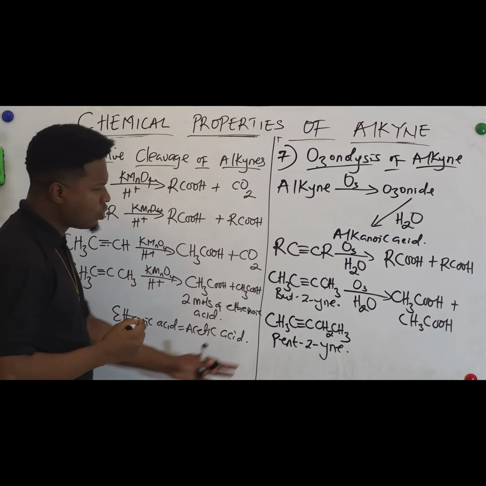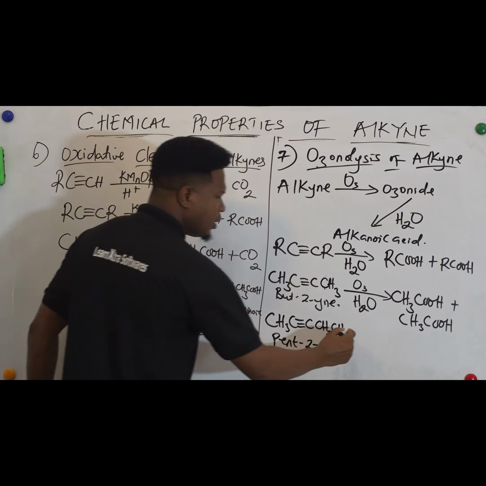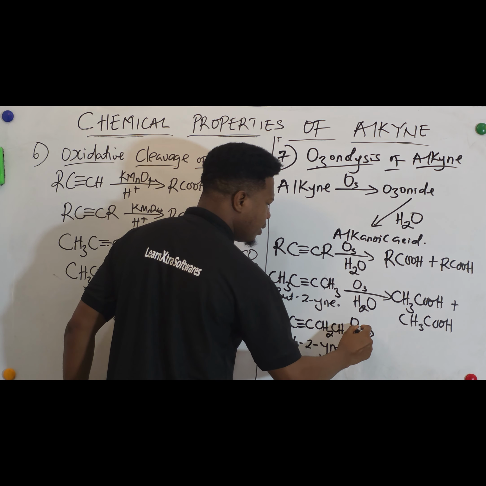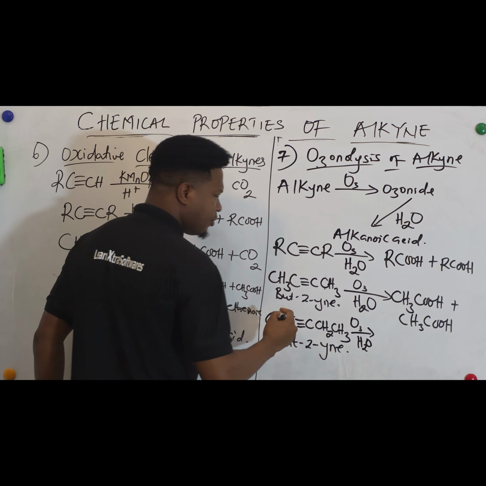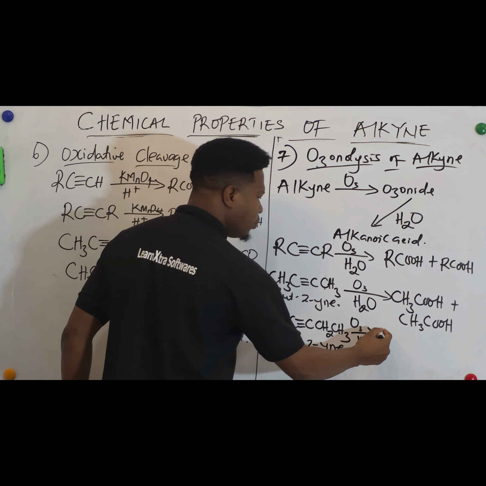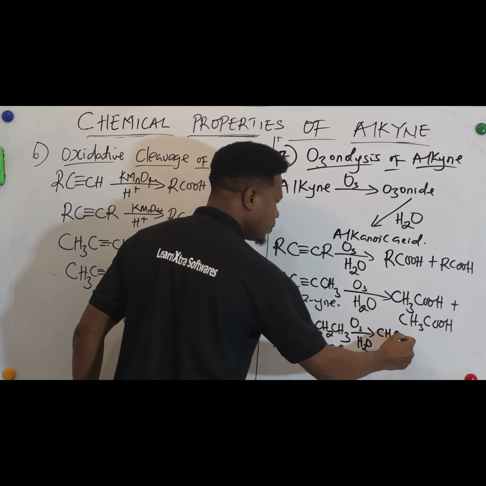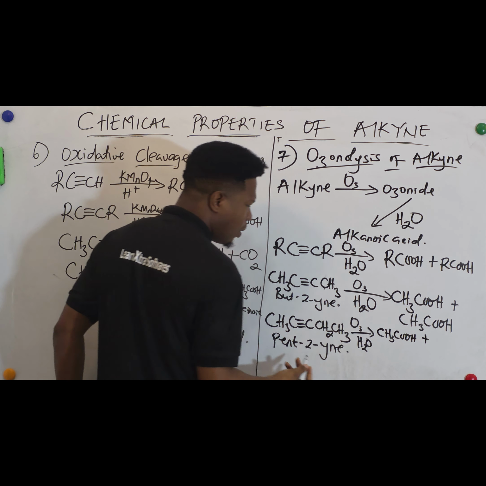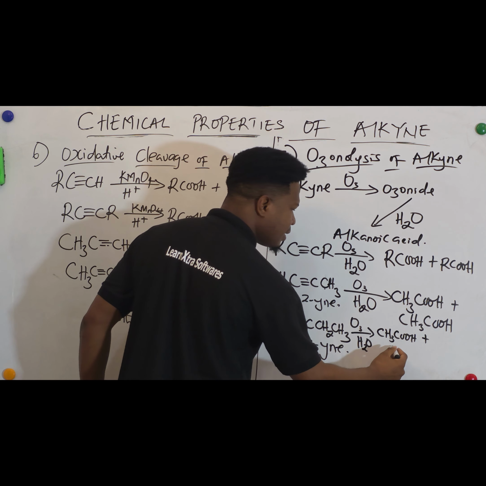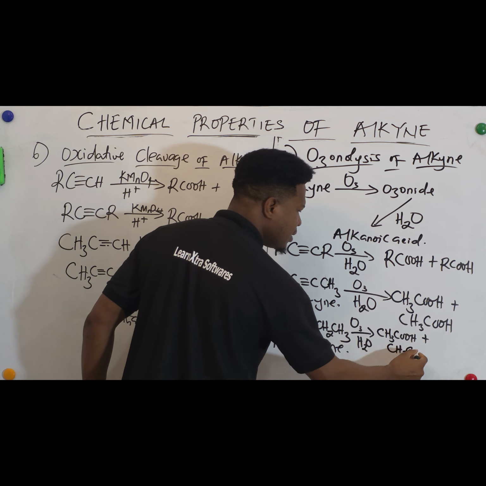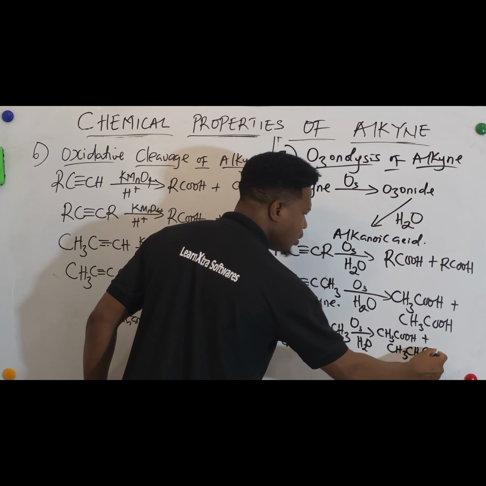If you carry out ozonolysis of pent-2-yne in water, the first one will give you ethanoic acid. The second one, how many carbons are here? 1, 2, 3. So it's going to be propanoic acid, that is CH3CH2COOH.